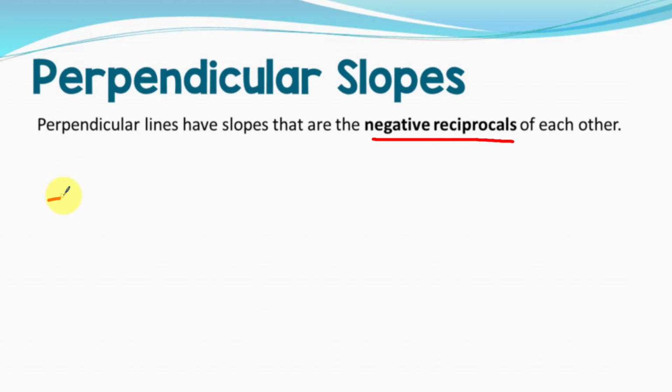So if our slope was negative 2, a perpendicular slope to that would be positive because it needs to be the opposite sign, and we're going to take 2 and find the reciprocal. So these would be perpendicular slopes. Let's go with negative 1/4.